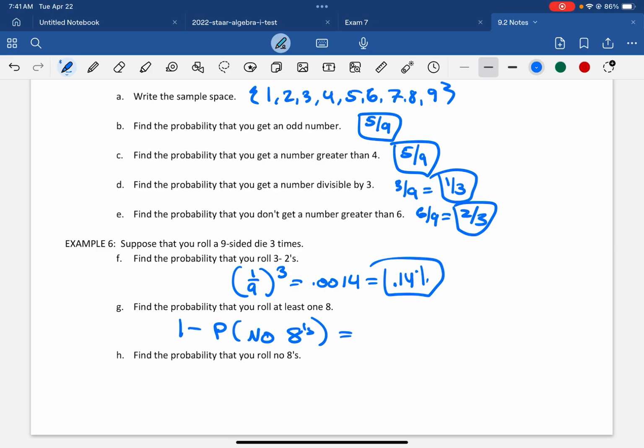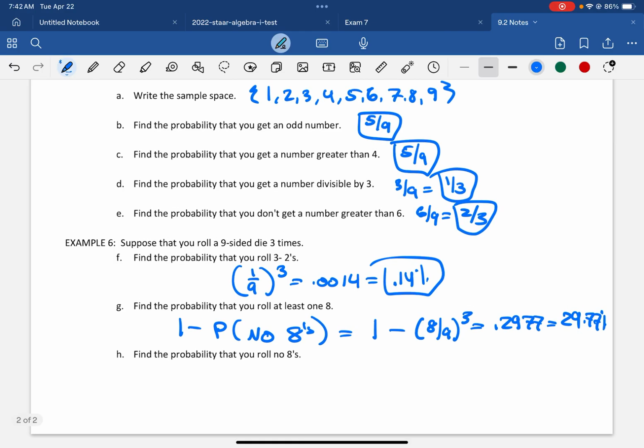Okay, well, in order to roll no 8s, it would be 8 out of 9. So 1 minus 8 out of 9 to the 3rd power. And probably you can use your calculator on that. You get 29.77%.